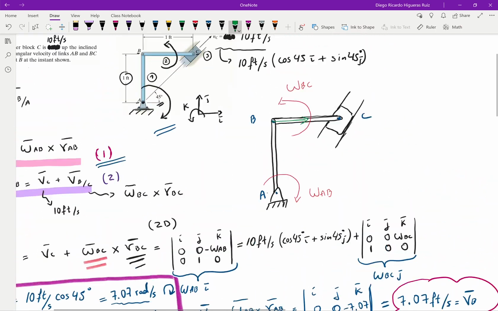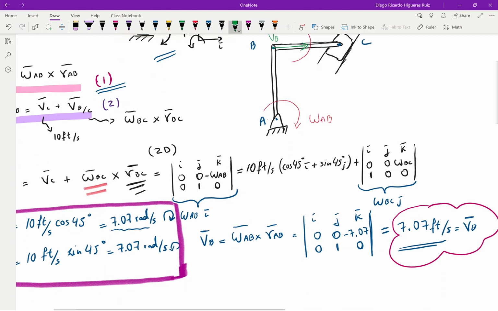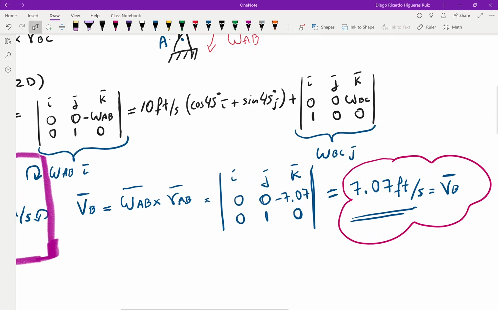It's gonna be VB. I need to come back here and fix this because this is gonna be in the I. If you solve this cross product, you're gonna have 7.07 feet per second in the I direction.